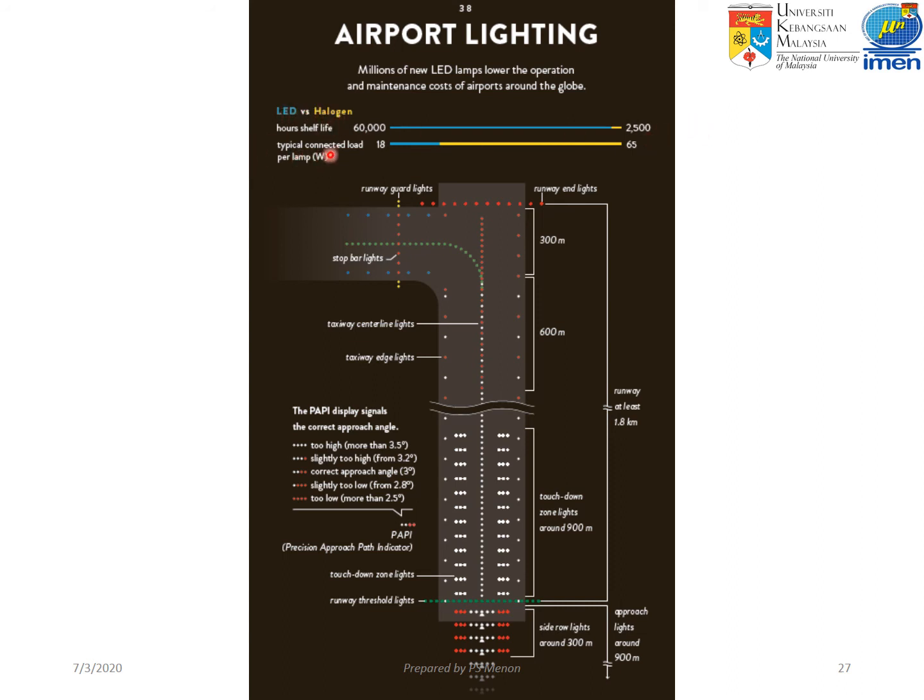The typical connected load per lamp in an LED is only 18 watts, versus 65 watts for a halogen lamp, so very high consumption of power. And on the runway, many different LEDs are needed for different reasons, so that the flight can take off and also touch down safely.